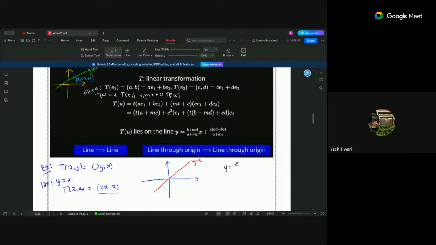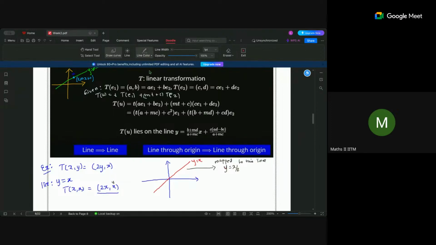So this is your y coordinate: your y is x and your x coordinate is 2x. So what does that mean? y is equal to x by 2, right? So this line will get mapped to this line, y is equal to x by 2.